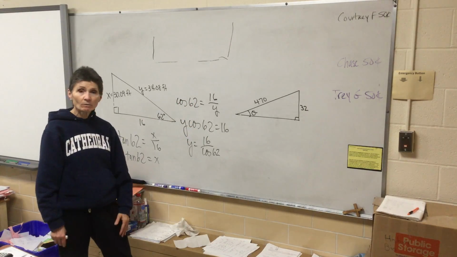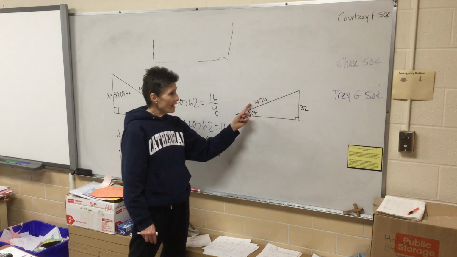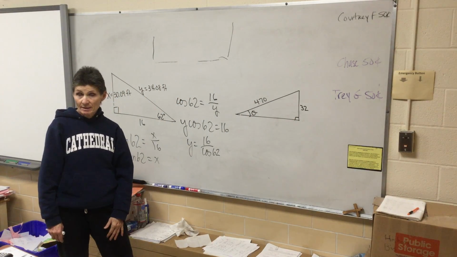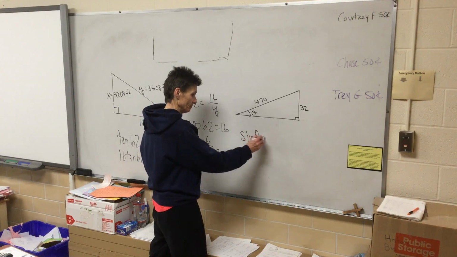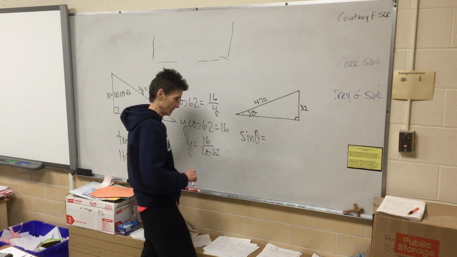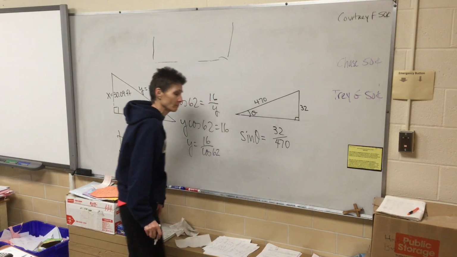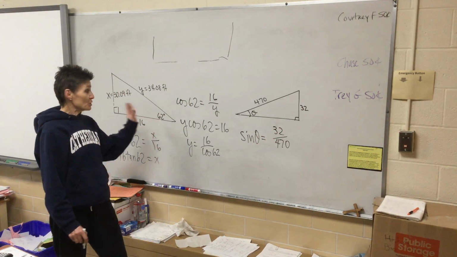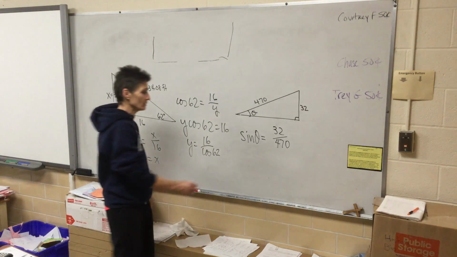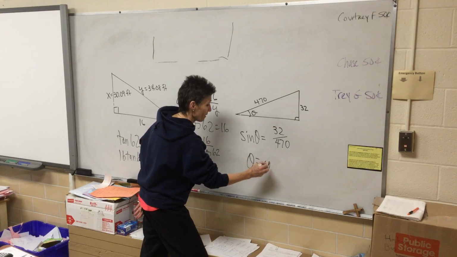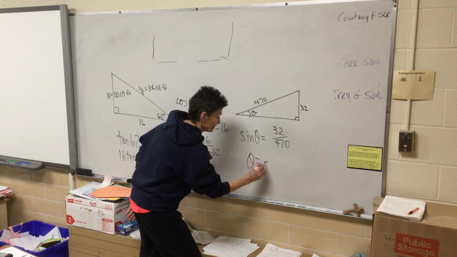All right, so here we go. Taking a look at the angle, what sides do we have? Opposite and hypotenuse, so this will be a sine problem. So sine theta, or x, whatever you want to call it. Sine theta is 32 over 470. Well, we just talked about when you're looking for an angle on your calculator, you have to do your inverse function.